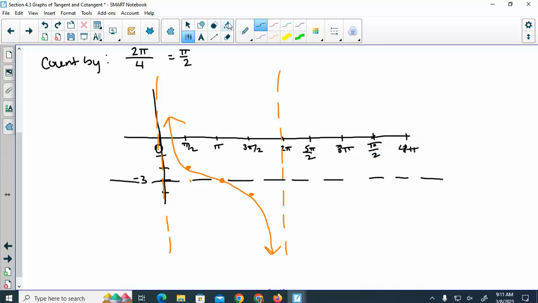And then you repeat this. We start with an asymptote, you end with an asymptote. In the center, you'll be at your 0. Would be 1 above it and 1 below it. So it would continue the same way. So you could do another period.